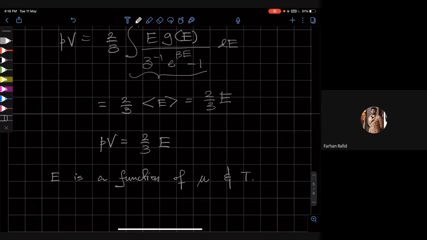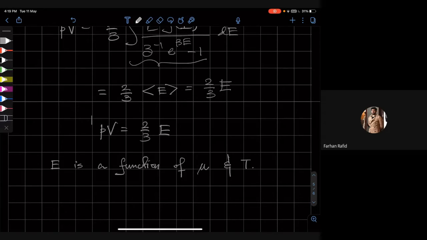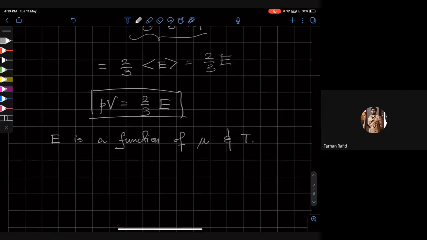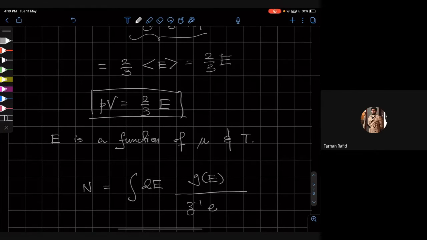So to express this equation in the usual form, we will need to evaluate what n is. N is nothing but the number of particles. So it's just the integral of the density of states times the Bose-Einstein statistics.